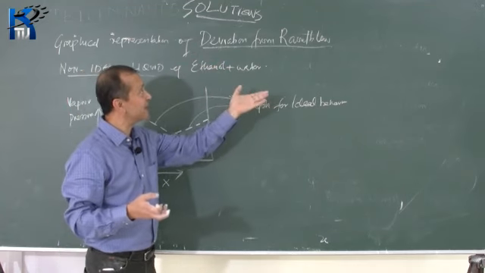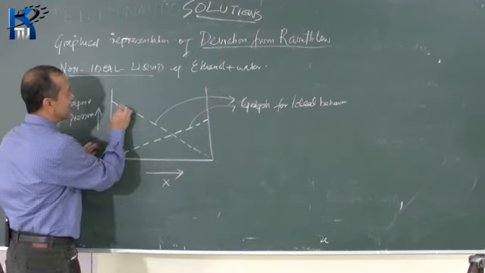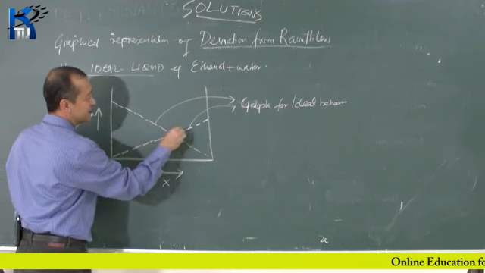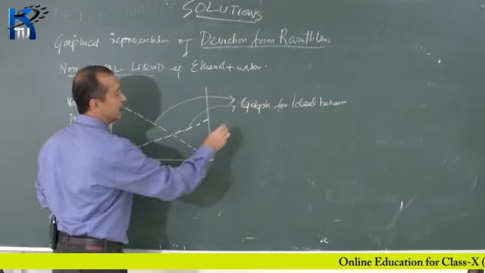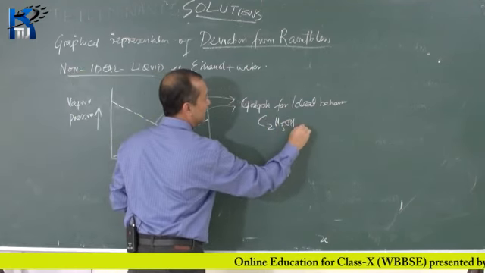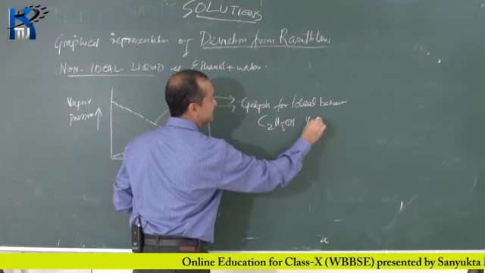If the mixture obeyed Raoult's law, the graph would be a straight line. This is ethyl alcohol, ethanol.